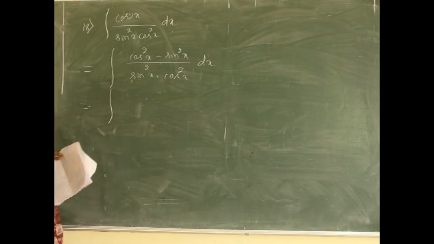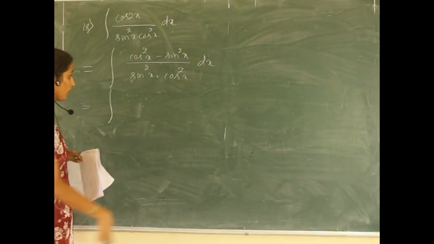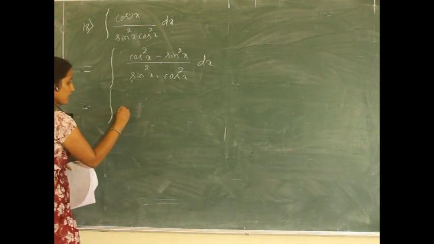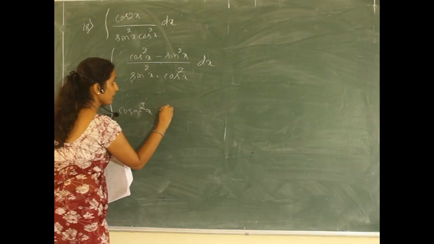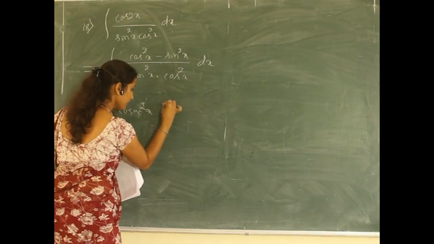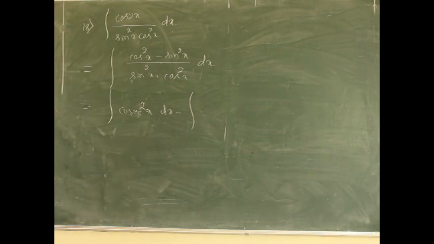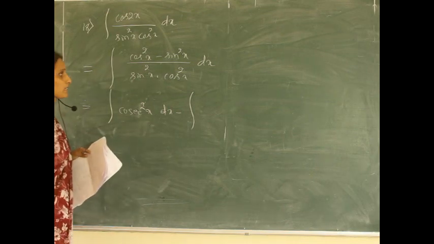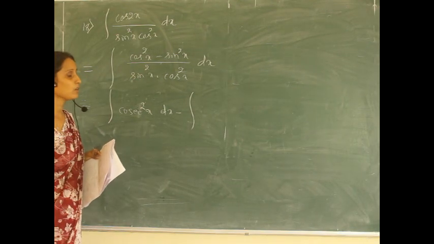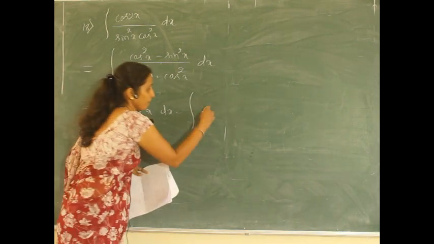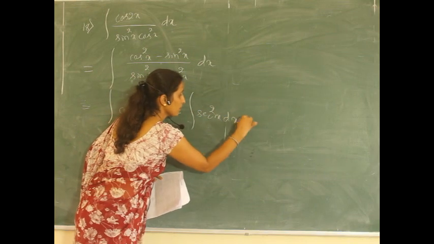So the first integral becomes cos square x divided by sin square x into cos square x, so 1 by sin square x, which is cosec square x dx, minus one more integral: sin square x divided by sin square x into cos square x. So sin square x can be cancelled, leaving 1 by cos square x, which is sec square x dx.